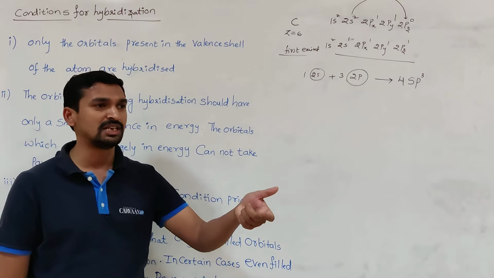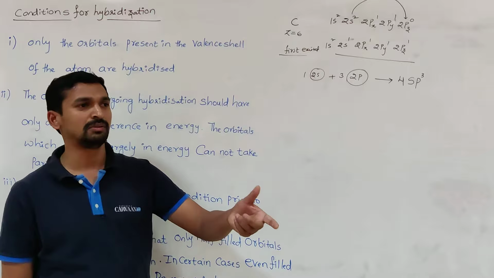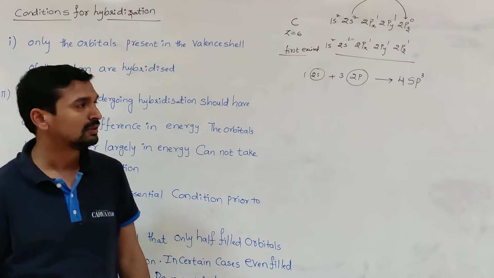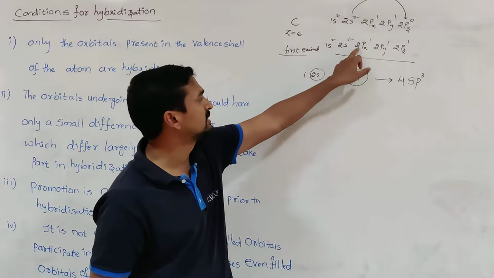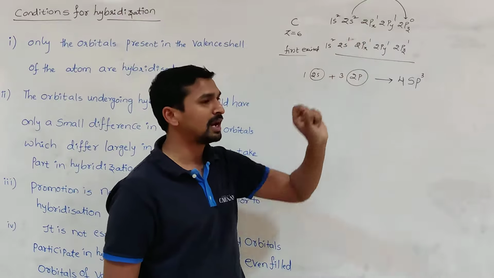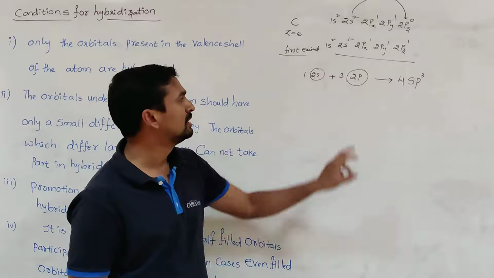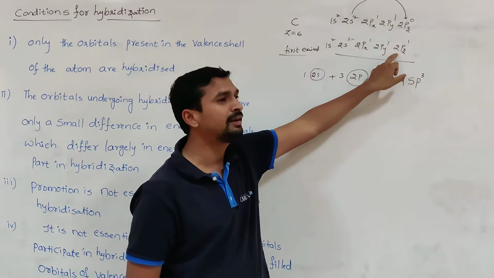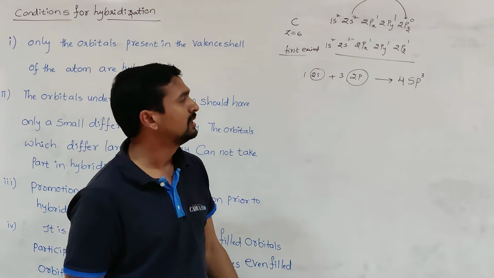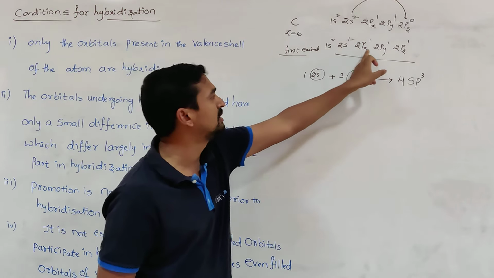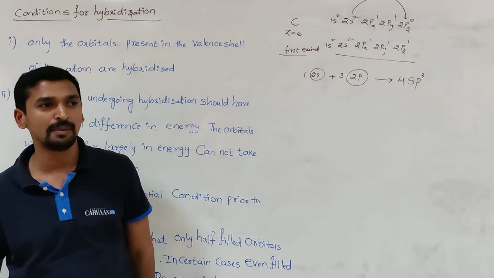If the principal shell changes, the energies also change to a greater extent. For example, here in this case the carbon is there. The second shell s and p orbitals are slightly different in energy, but all belong to the same shell. So all are almost equal in energy. That's why we can say all these 4 orbitals are involved in the hybridization.